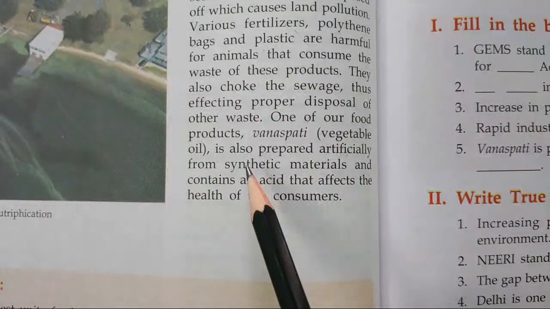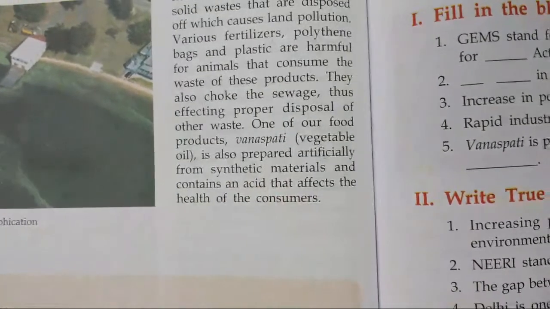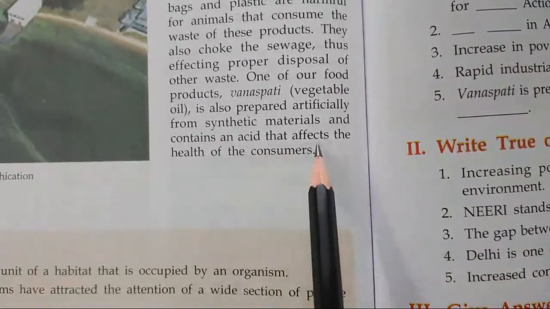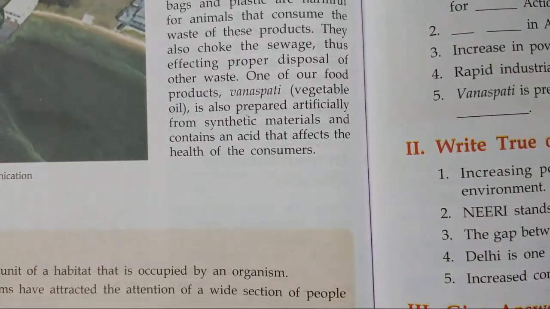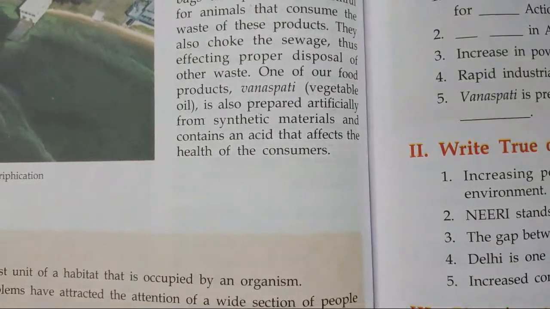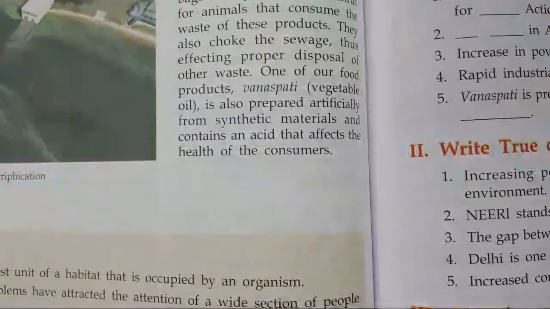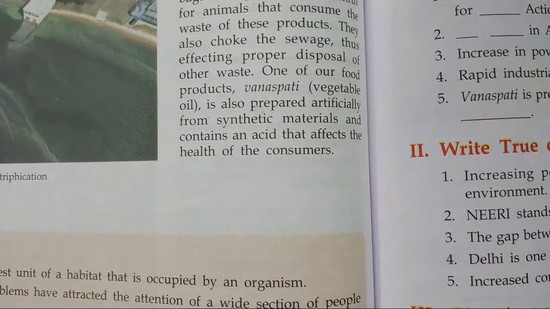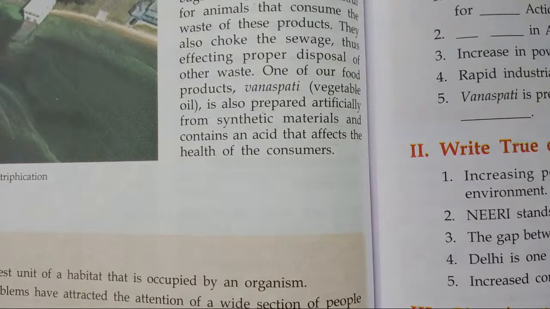It looks like ghee, but it is not ghee. This is sold in the market, and this is a chemical substance, synthetic material. It affects the health of the consumers, because it contains saturated fatty acids, and they cause a blockage of the arteries and may result in heart attack.